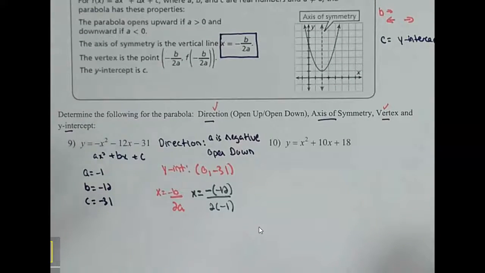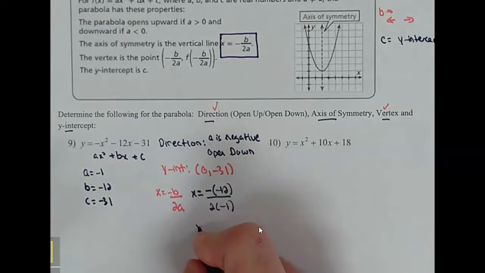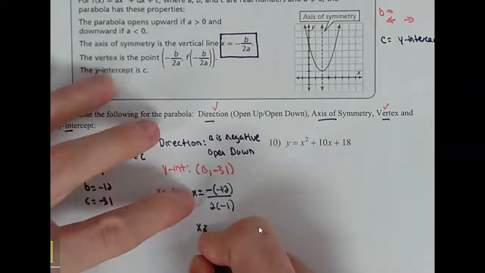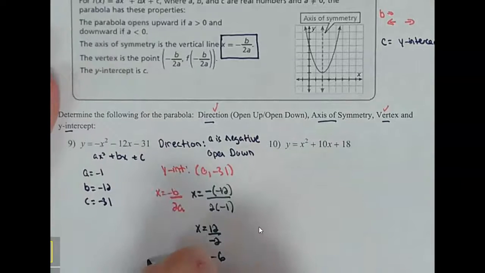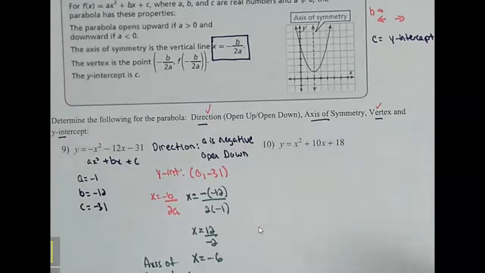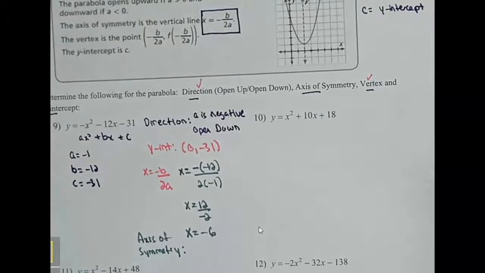When I simplify this, I get x equals 12 over negative 2. So the axis of symmetry is x equals negative 6.